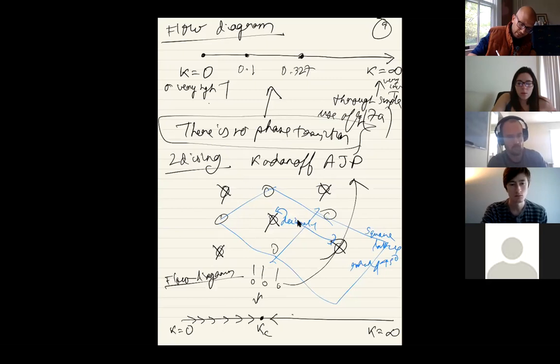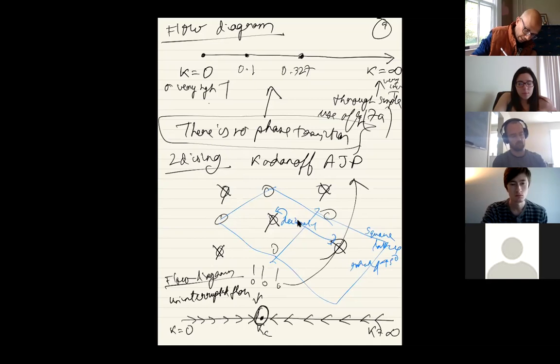But you get a discontinuity at K equal to Kc. So it predicts a phase transition. You don't have uninterrupted flow. You have interrupted flow, and that's a phase transition.